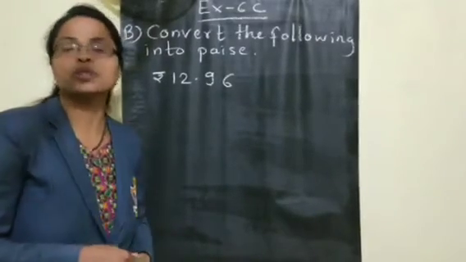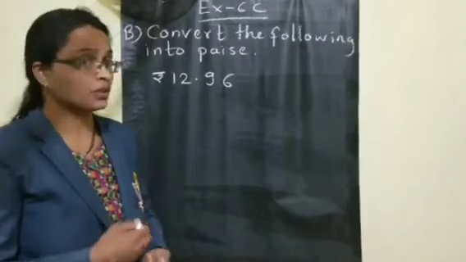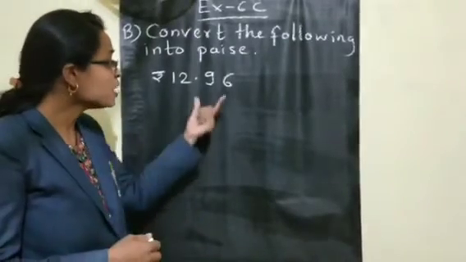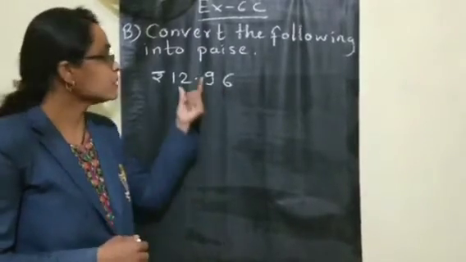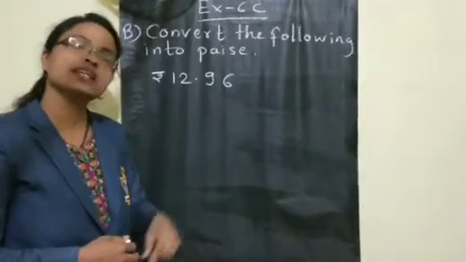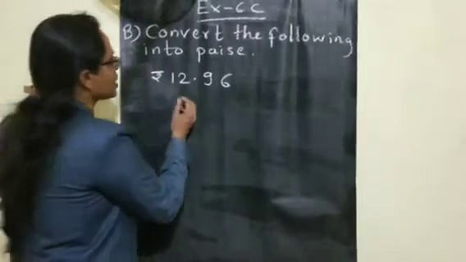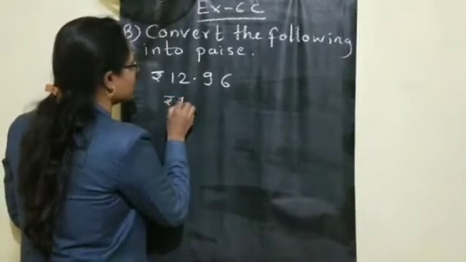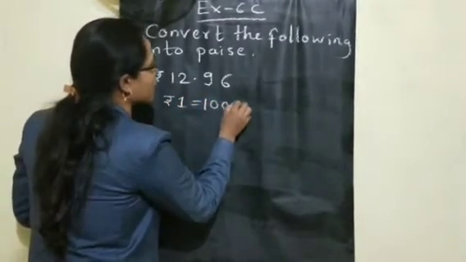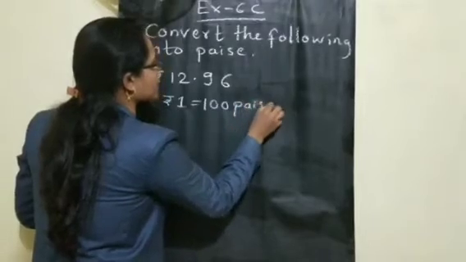So as we know now, rupees 1 is equal to 100 paise. We have to multiply for it. If we multiply, automatically the dot will move. Let us see. Rupees 1 is equal to 100 paise.